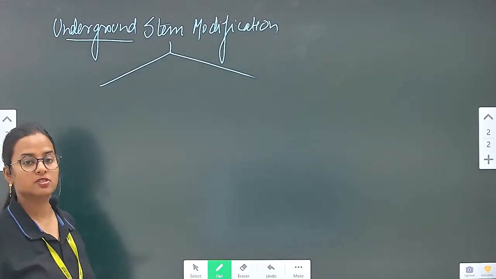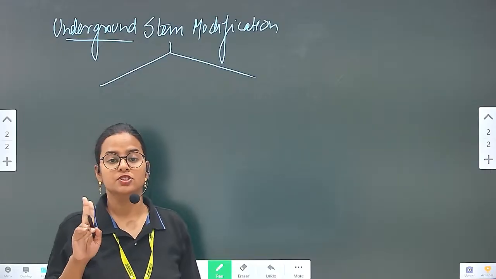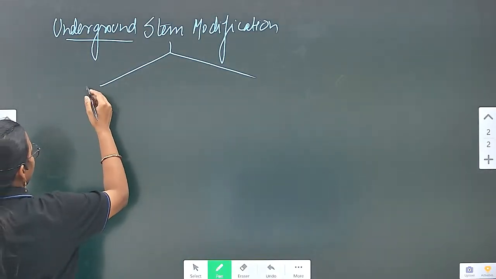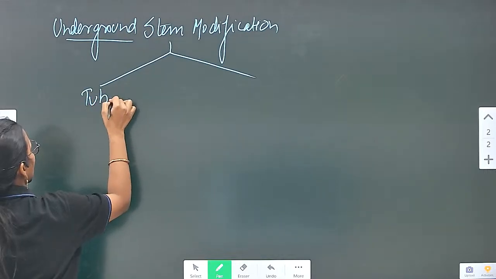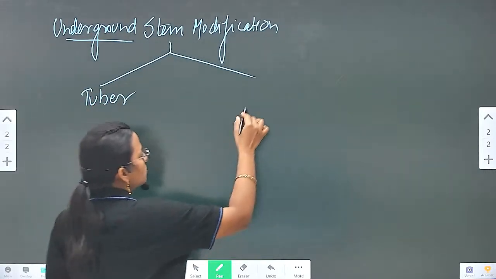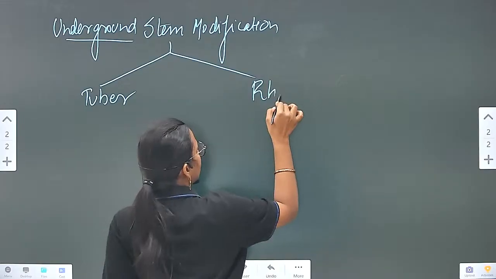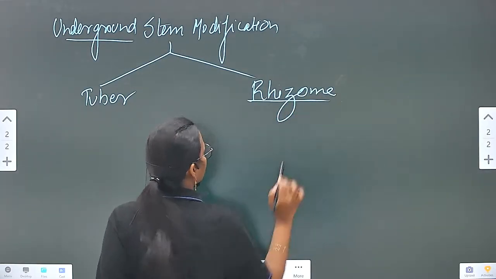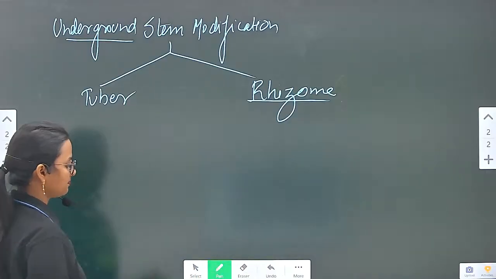What are they? Number one is the tuber and number two is the rhizome. Let us see.